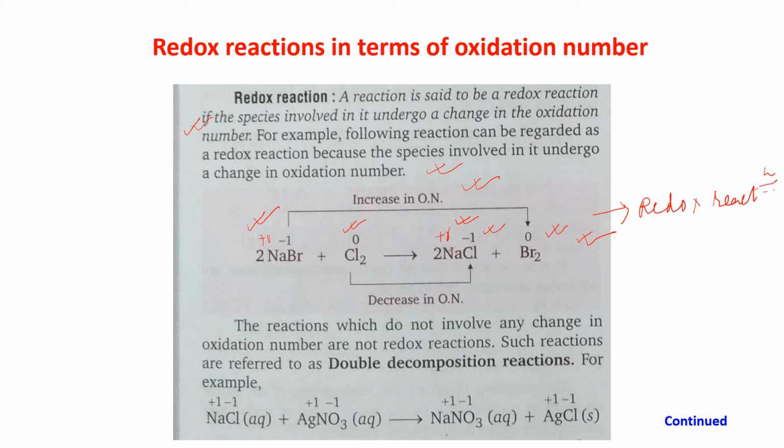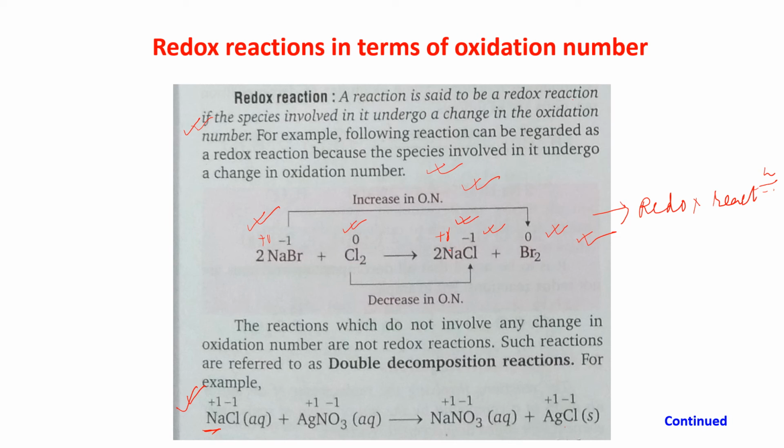But if I talk about this reaction, NaCl plus AgNO3 gives NaNO3 plus AgCl. Now you see, on the left hand side sodium is +1 because Cl is -1. So I will write all the charges: +1, -1. Na is +1, NO3 is -1. Ag is +1, Cl is -1. Now you see the change in the oxidation number. Na is +1, here also Na is +1.